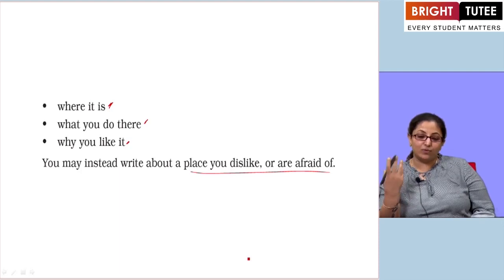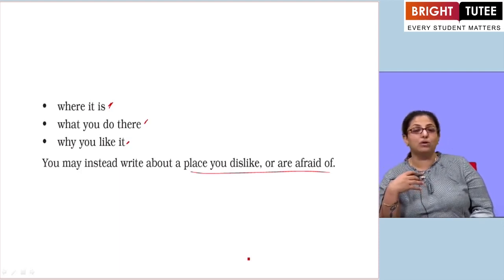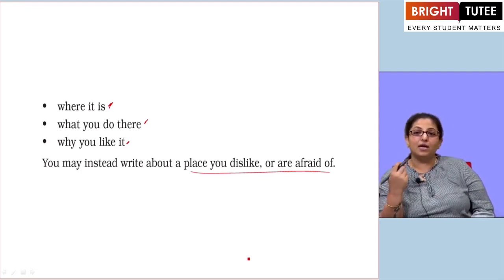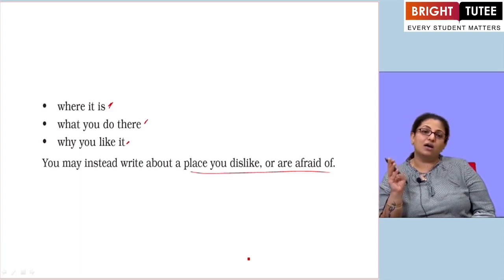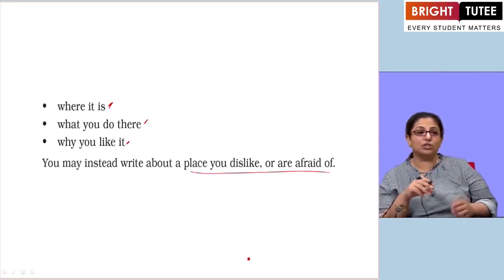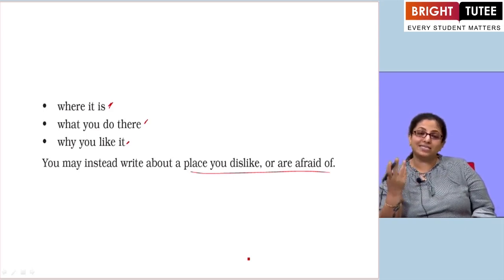Based on that, we have to write a paragraph of our own, in our own language, of a place in our grandparents' house or our uncle's or aunt's place, where we like the place, what we do there and why we like that particular place. We can do the vice versa also. We can write about a place where we dislike things, where we don't like doing things, correct?